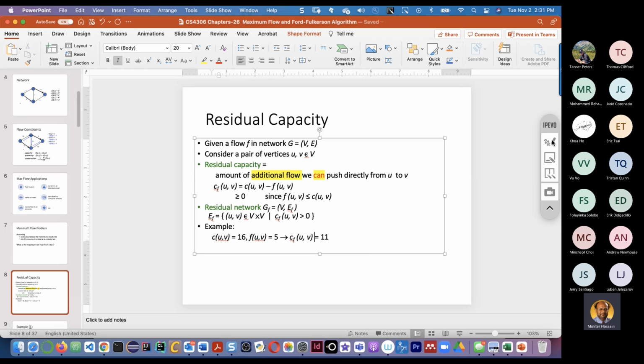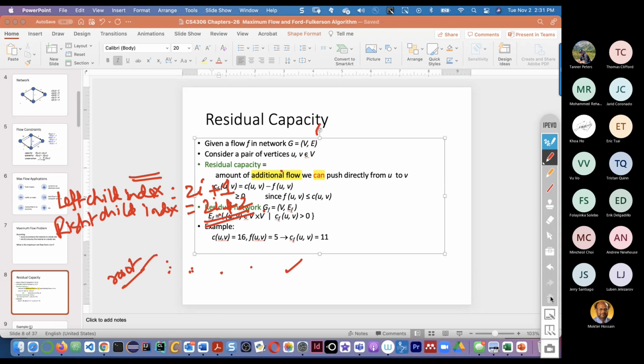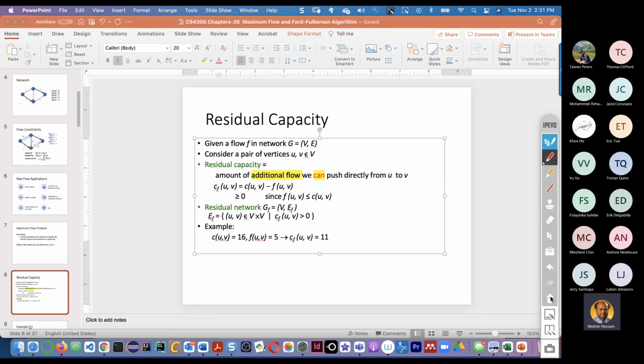So you can draw something like this from U to V. The capacity is 16 units and the flow we are taking is 5 units.